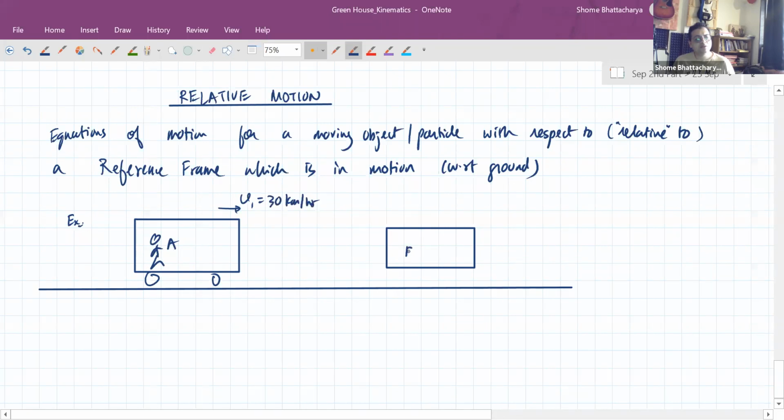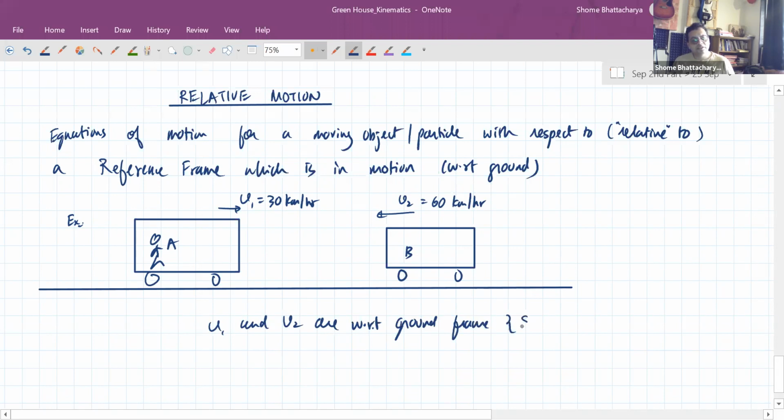And there's another car B coming from ahead towards you at a speed of 60 kilometers per hour. So V1 and V2 are with respect to the ground frame, that is the stationary ground frame.